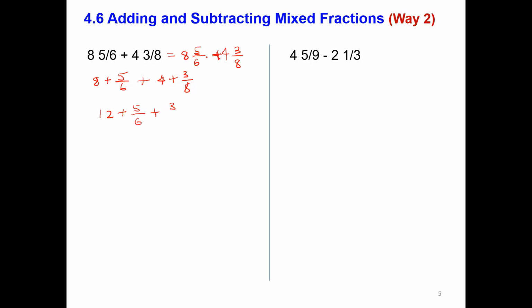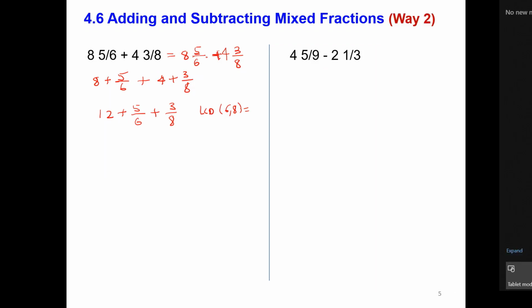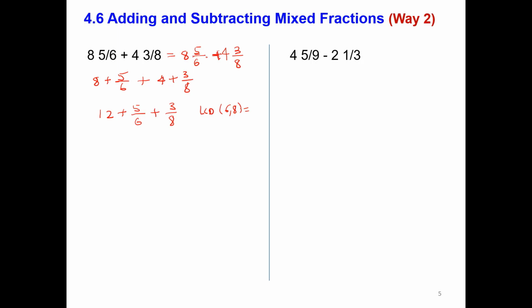But in this case, we need to find the LCD because we don't have a common denominator. Then we need to find the LCD of 6 and 8. If you know what the LCD of 6 and 8 is, just go ahead and write the number.